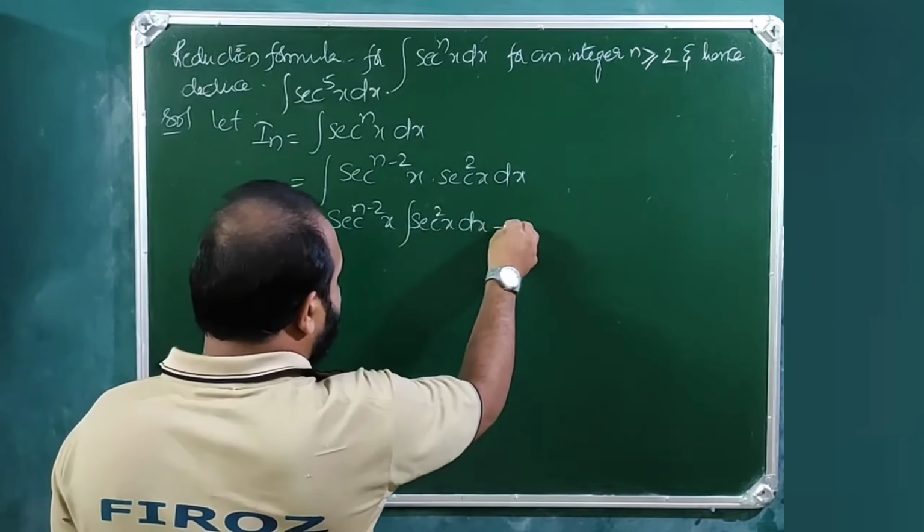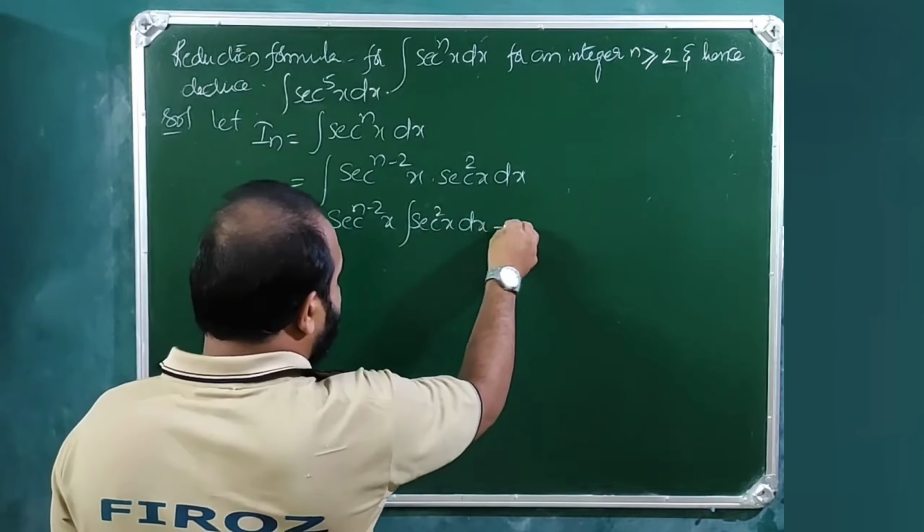So this is equal to secant power n minus 2x into tan x minus, since n minus 2 is constant, let us separate it from the integration, n minus 2 integral of secant power n minus 3x into d by dx of secant x, which is secant x into tan x, into tan x. Tan x is already there, so tan x into tan x is tan square x dx.